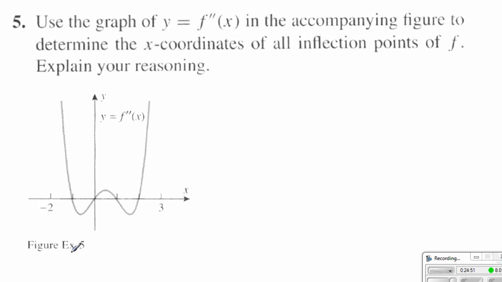All right, number 5. Now we are looking at the double derivative here to determine the x-coordinates of all inflection points. Inflection point means where the second derivative has to change its sign.